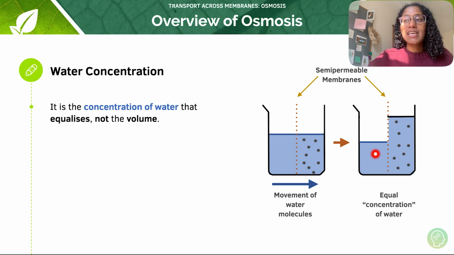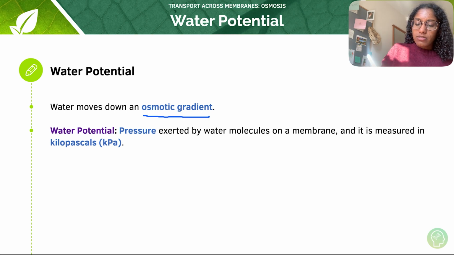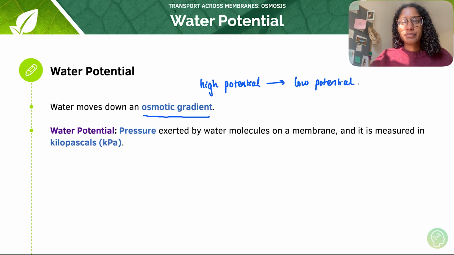And therefore it's going to be equal to this concentration of water on this side of the beaker, but not volume wise, okay? Just concentration wise, it's going to be equal. So water moves down an osmotic gradient. So that's from high potential to low potential.